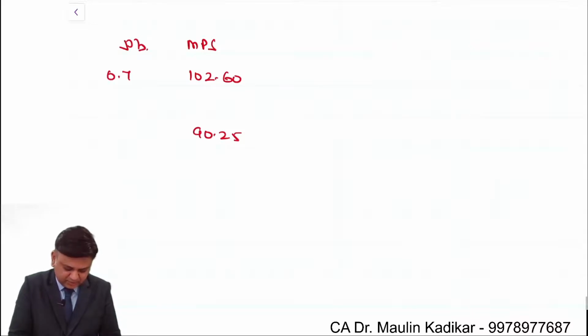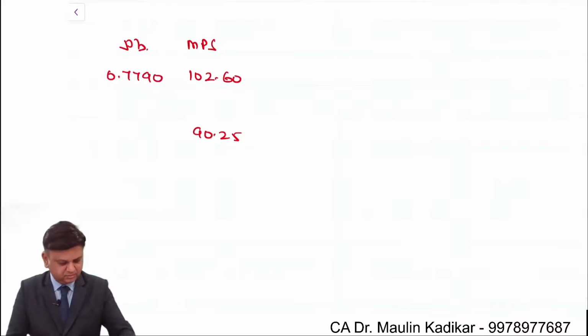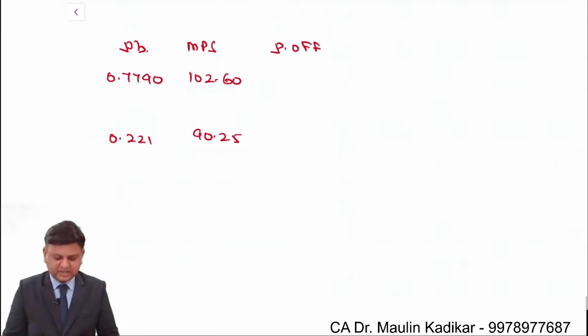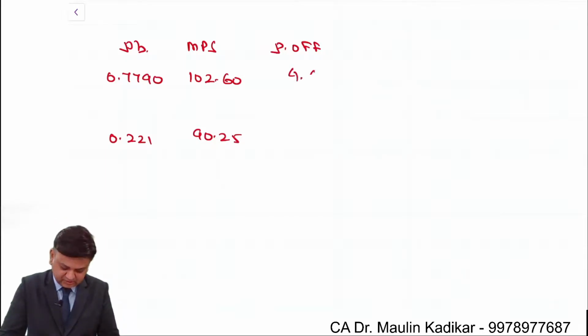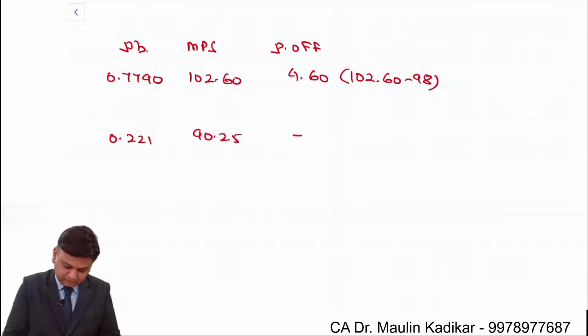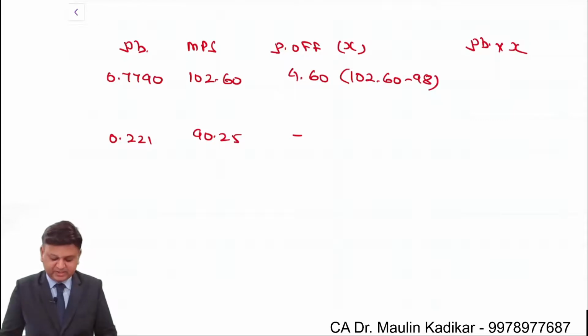Probability 0.7790, 0.2210. Payoff: in the first case, the payoff is 102.6 minus 98, that is 4.6. In the second case, it will be 0. We'll assign x variable to it. Probability into x.